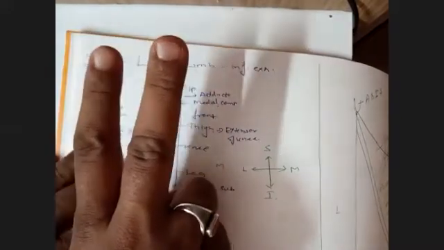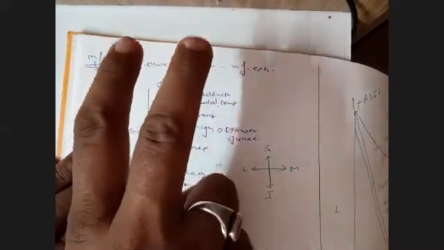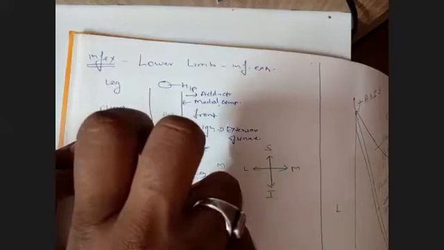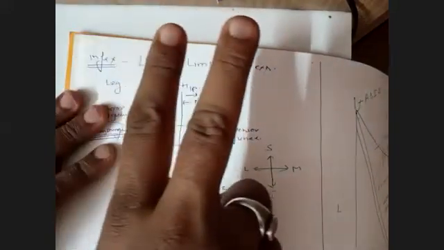But in the lower limbs, the flexor surface is on the posterior aspect. If these are the two knee joints, this is flexion of the knee joint. In the upper limb, the flexor surfaces are anterior; in the lower limb, the flexor surfaces are posterior.